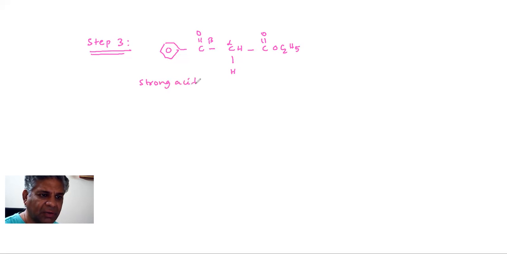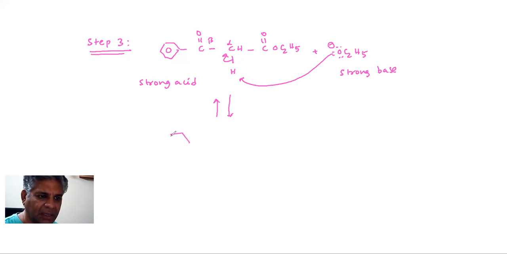And then now you have a base, that is your ethoxide ion. Now the ethoxide ion will abstract this hydrogen. This is a strong base. And then this base will abstract the proton. And then you'll get a carbanion. C double bond O, CH minus, and then C double bond O, O, C2H5.